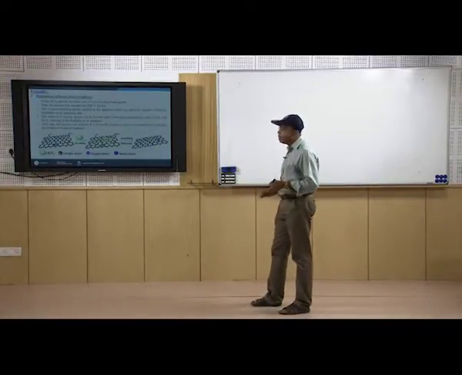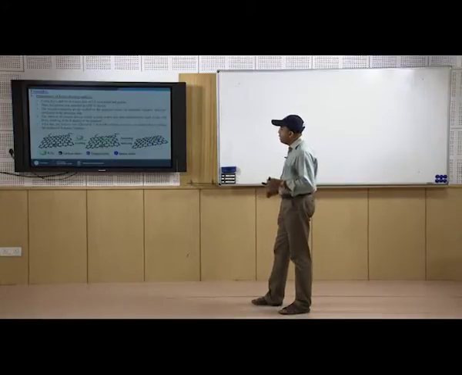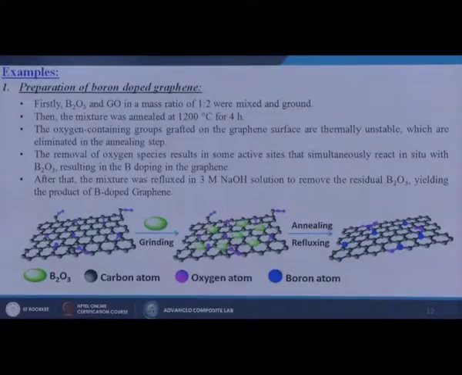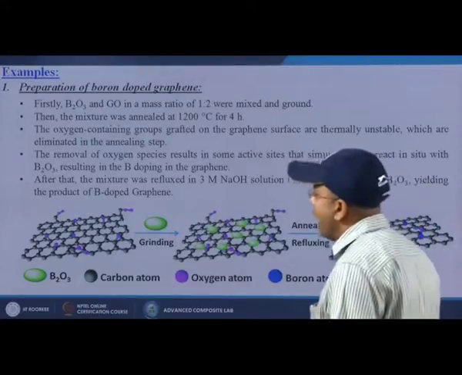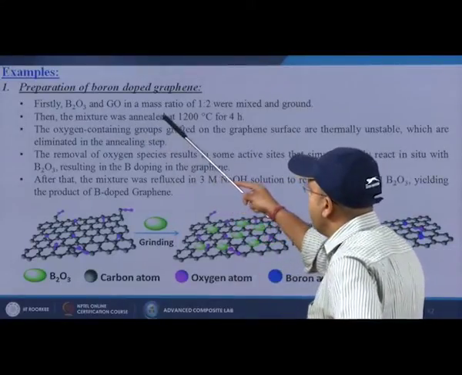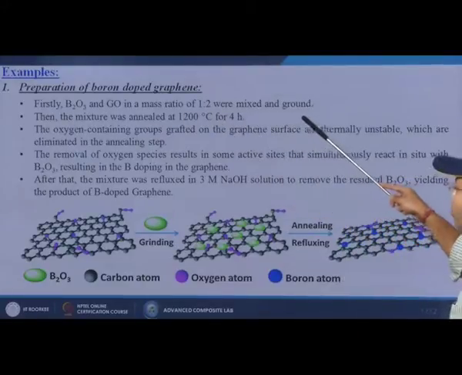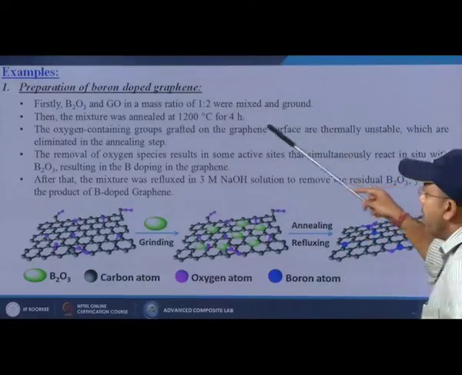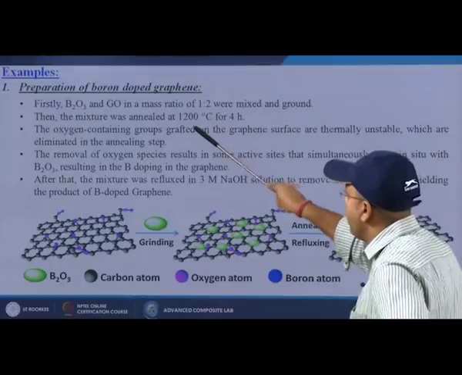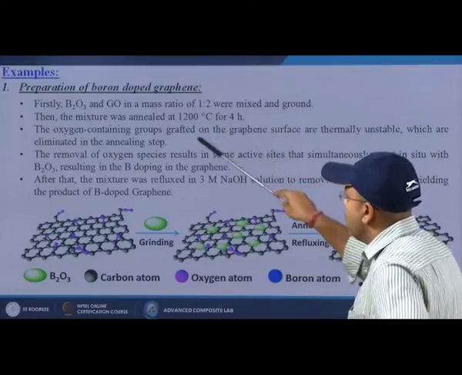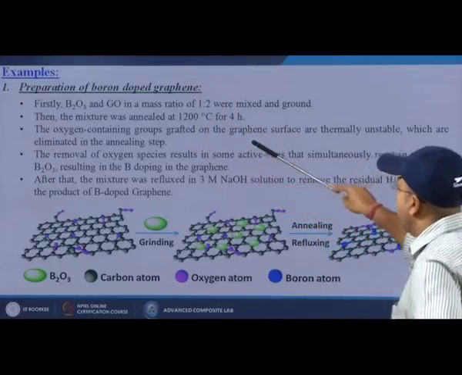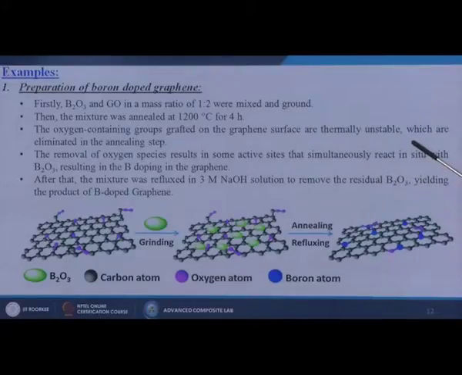Then here also we are giving certain examples, the preparation of boron doped graphene. So here firstly boric acid and graphene oxide in a mass ratio of 1:2 were mixed and ground. Then the mixture was annealed at 1200 degrees centigrade for 4 hours. The oxygen containing groups grafted on the graphene surface are thermally unstable, and are eliminated in the annealing step.